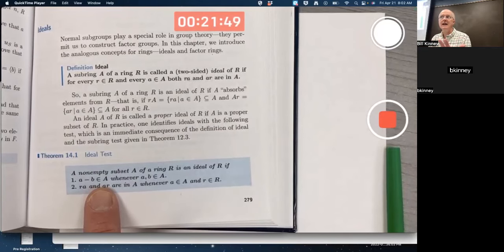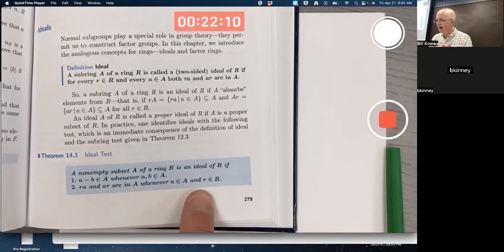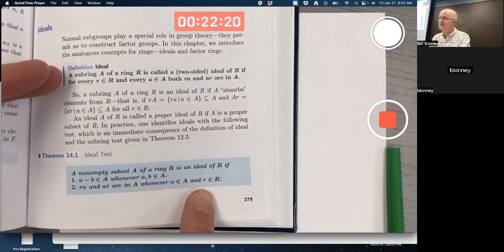And this second condition verifies closure in the subring. That's like the subring test if r is actually in A. But if you only assume r is in capital R and possibly not in A, it is also enough to verify that it's an ideal that's super closed.